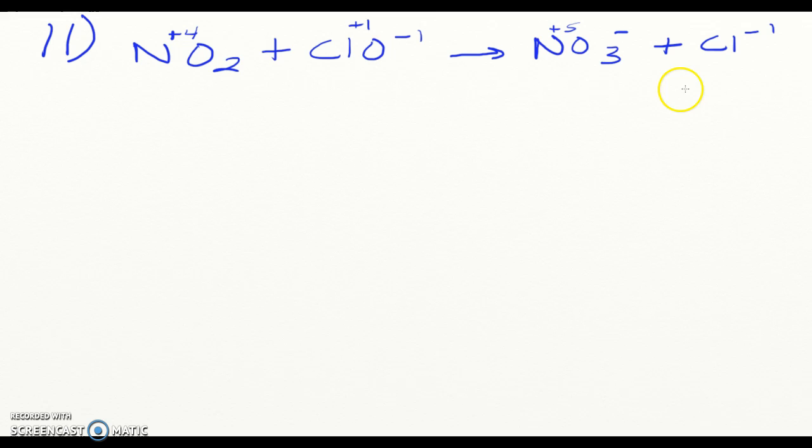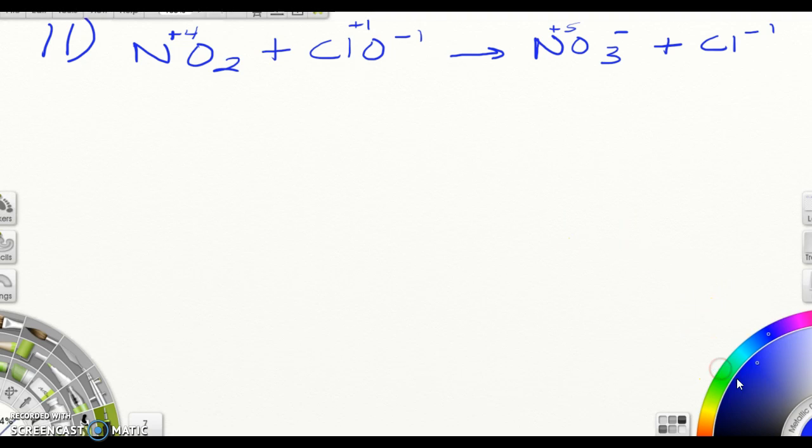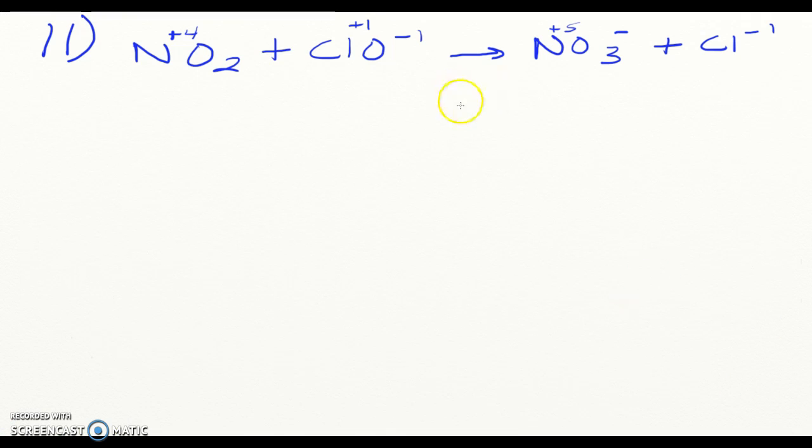Nitrogen goes from a 4 to a 5. It increases. So if you are increasing, you are being oxidized. So let's start there. I'm going to choose a color for my half reactions. Let's do a more reddish color. Okay, so let's start with this nitrogen.